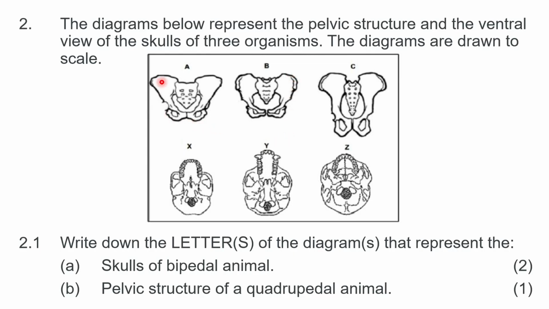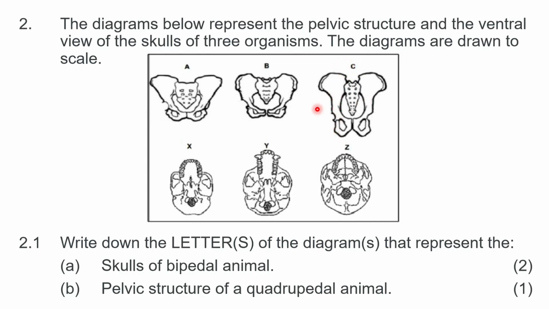So if we just look at the pelvic structure, we see that A and B, the pelvic is short and wide, where C is more narrow and long.